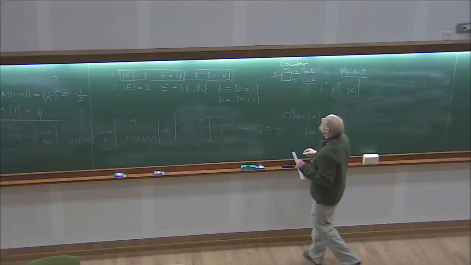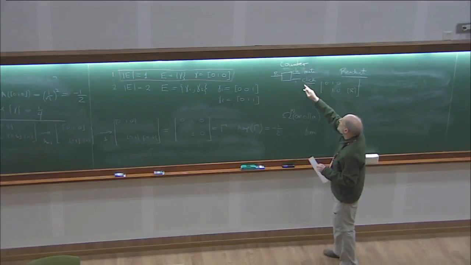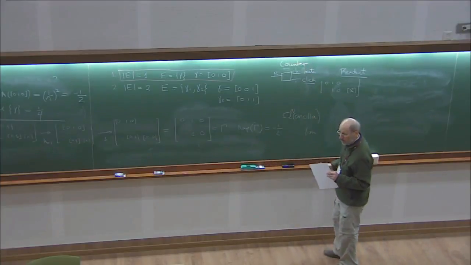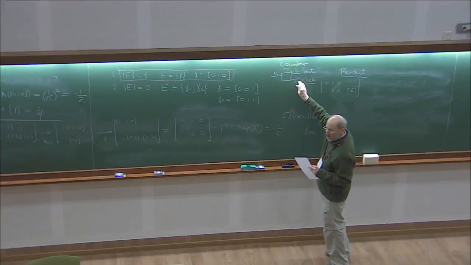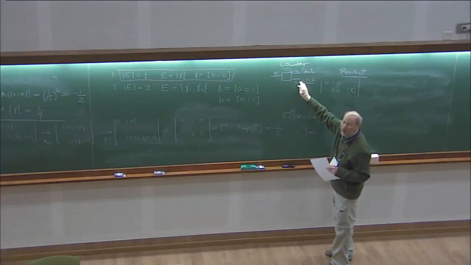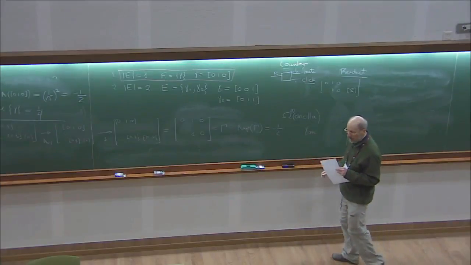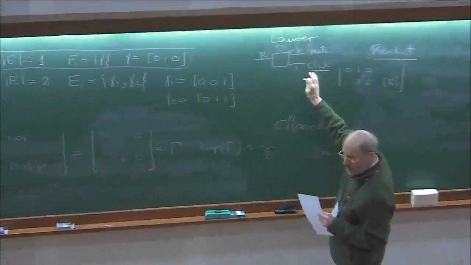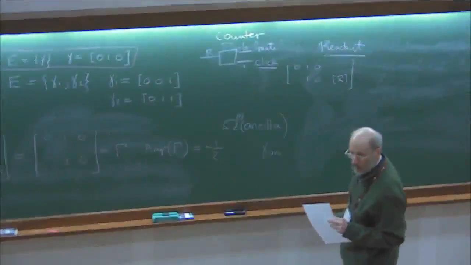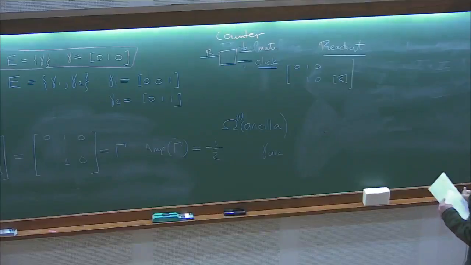And then the third stage is again kind of trivial. Just look and see whether you got a click or you didn't. If you regard this as a pointer, then you don't even need the third stage. But in a laboratory, you would have to put some sort of photon detector here to see whether you got the click or not.